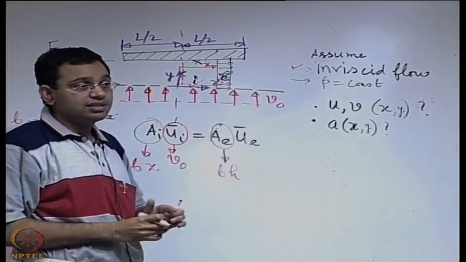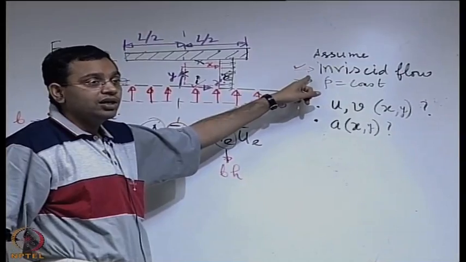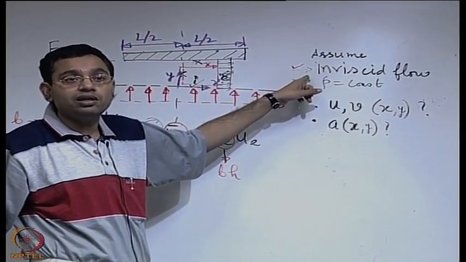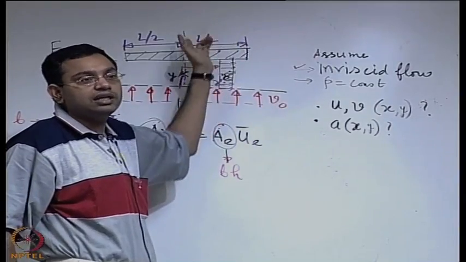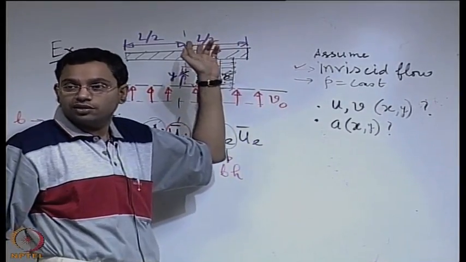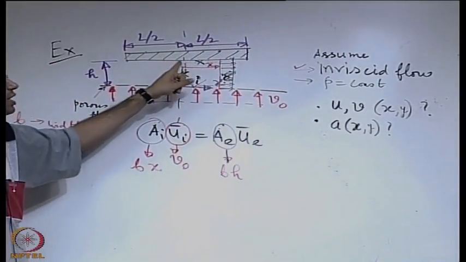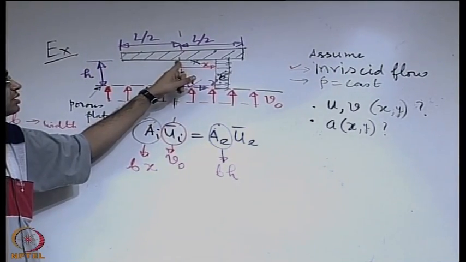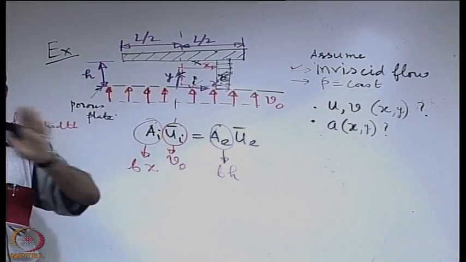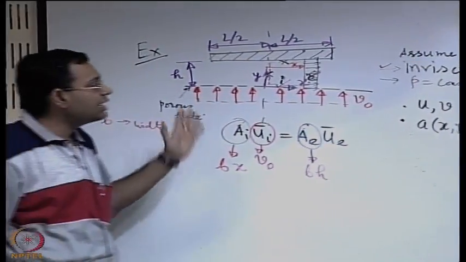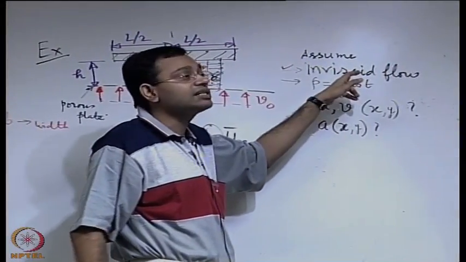You can see that with inviscid flow you cannot impose the no slip boundary condition, because if it has to be uniform, suddenly it cannot go to 0 at the wall. So it is not no slip at the wall, but no penetration at the wall, and that is sufficient for solving this problem. No slip is not a necessary condition here, and in fact it will contradict the inviscid assumption.